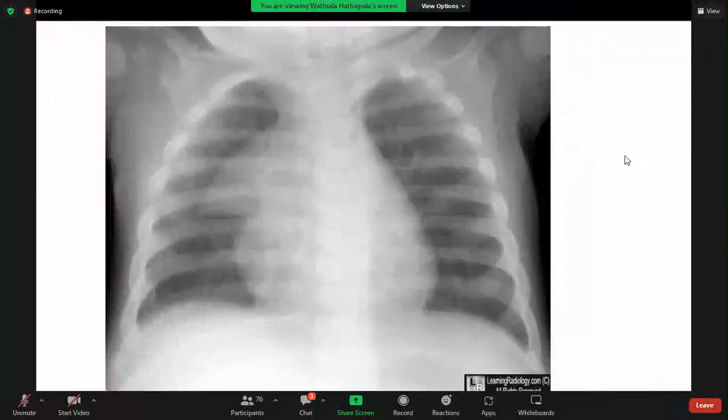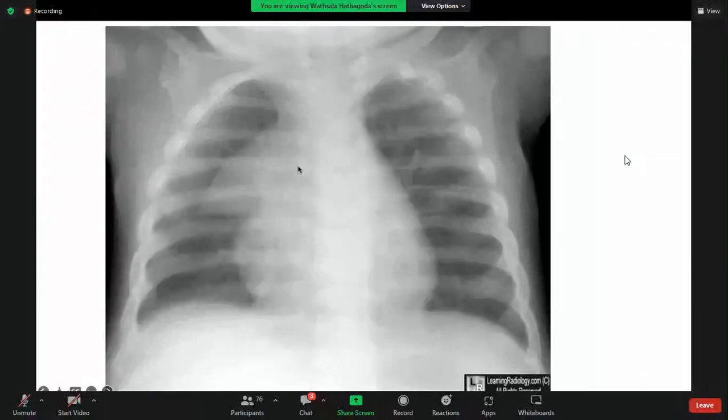That's why I specifically told you the age. I told you this is the X-ray of a 13-month-old. Actually, this is a thymus. We call this the sail sign.